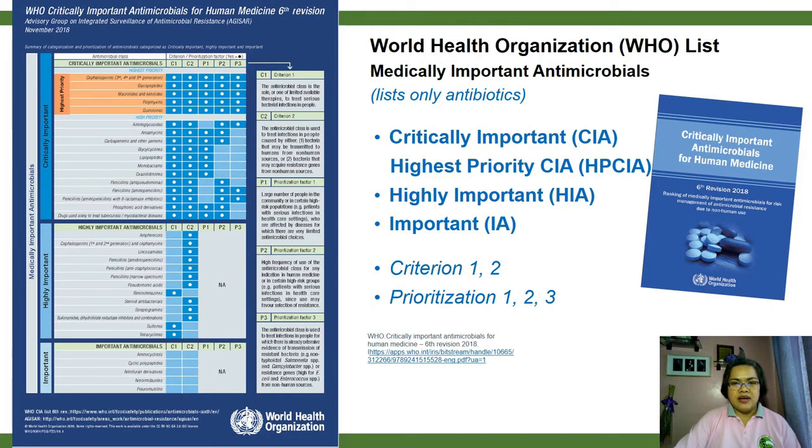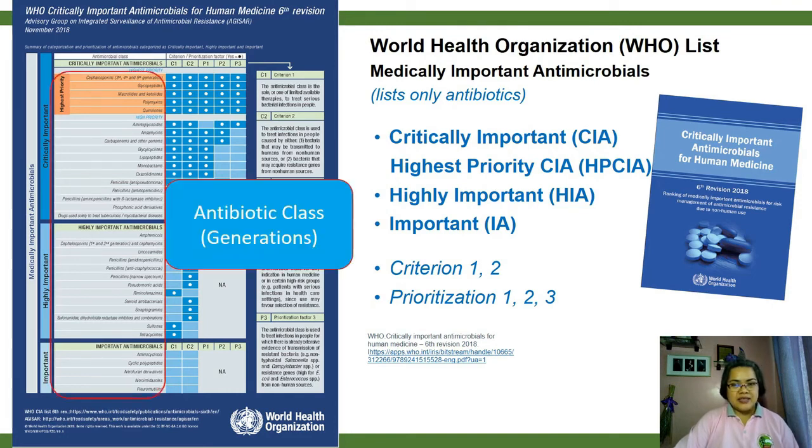Note that the list defines antibiotic classes and generations, not the individual molecules. The WHO is constantly updating this list, referring to national reports on AMR surveillance and revising the antibiotic class categories as deemed needed. Some countries also develop their own categorizations and do not just rely on this WHO list.